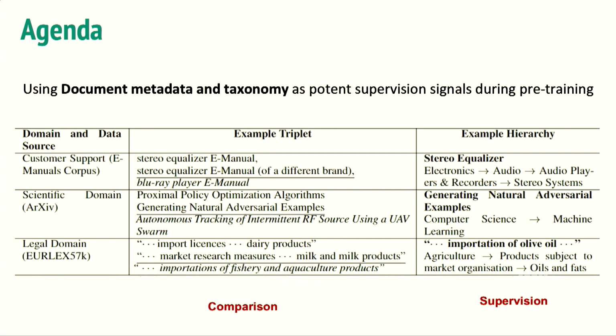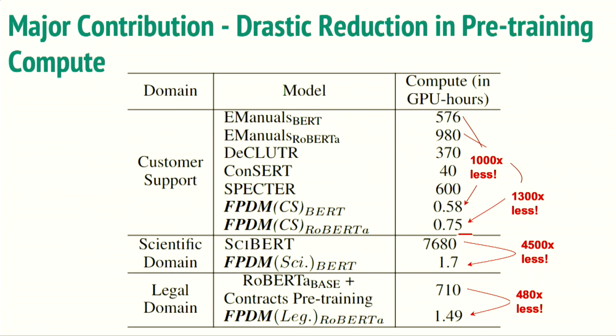So once we pre-train systems using these two simple things, we can see that there can be a lot of savings in compute, means we can learn much faster, and there can be cases where we are learning even 1,000 times faster.